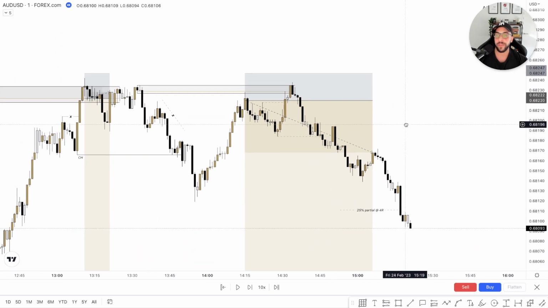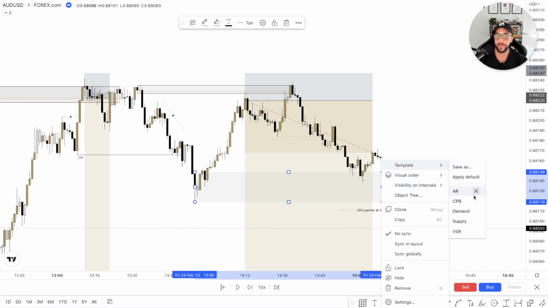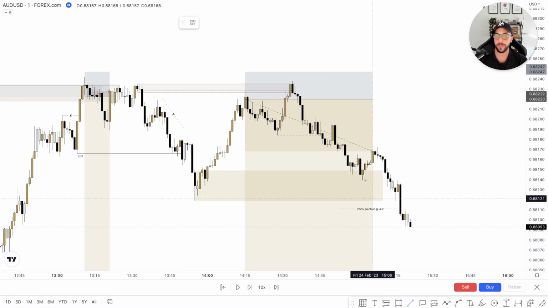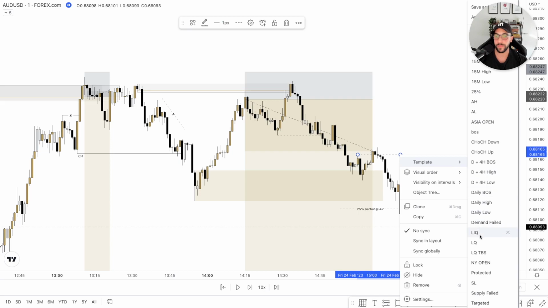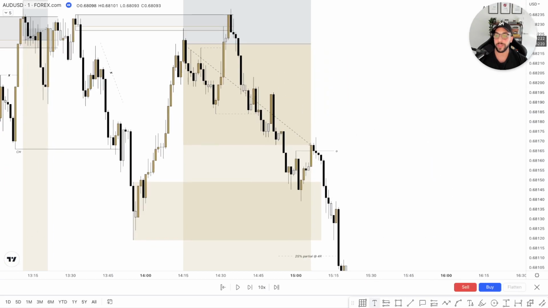Perfect. And then if you did actually miss this entry, or if you wanted to scale in, there was a scaling opportunity here after we flipped this demand zone. And we had a point here which had swept liquidity. So if you did miss it, you could have this buy to sell.